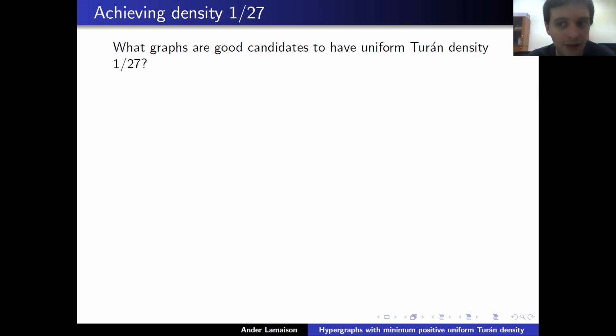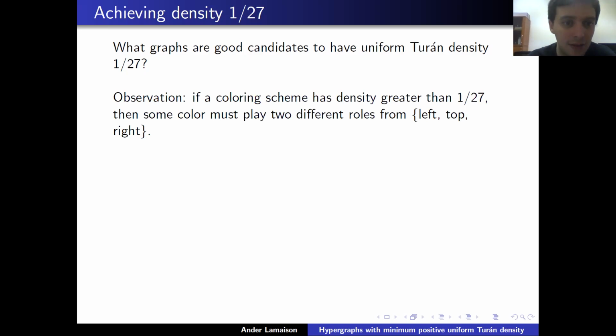Well, yes, there is something that's sort of easy to see. If you have a coloring scheme with density greater than 1/27, then there must be some color that plays two different roles out of left, top, and right. So there must be some color that is the left color in some triple and the top color in some triple.